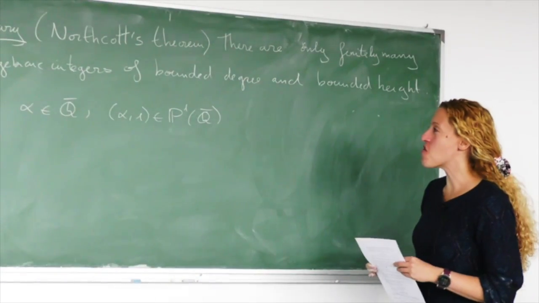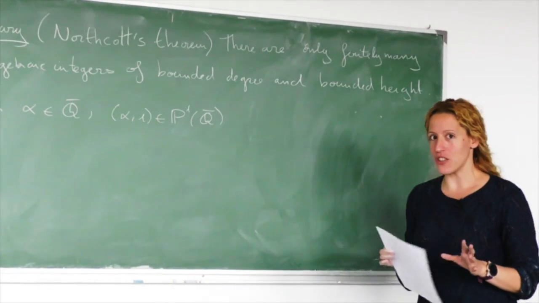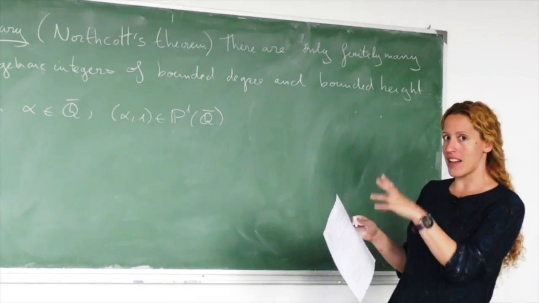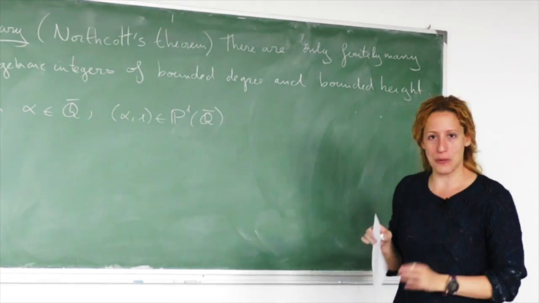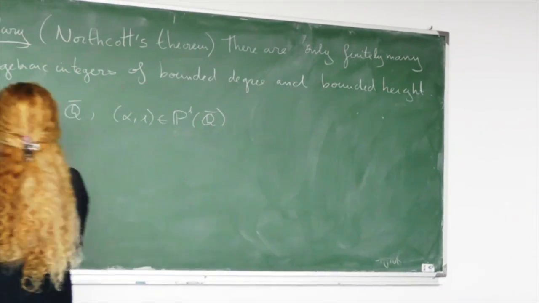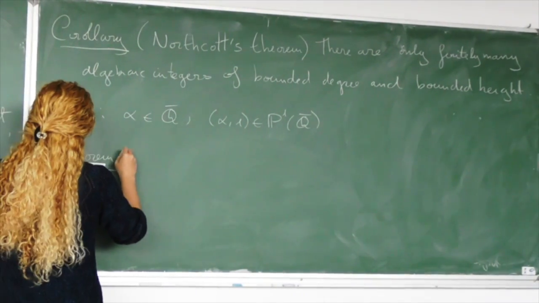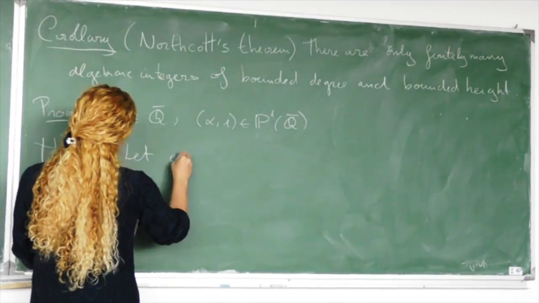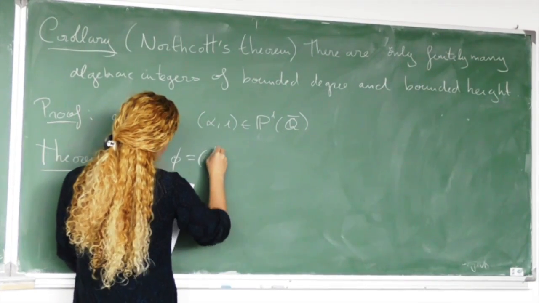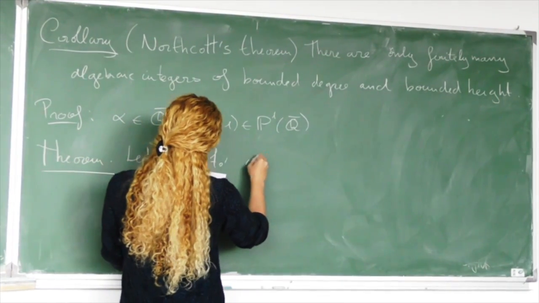So we are going to see this theorem that allows us to relate the height on different projective spaces. So let me state the theorem. We take a rational map. I'm going to write explicitly the coordinates.